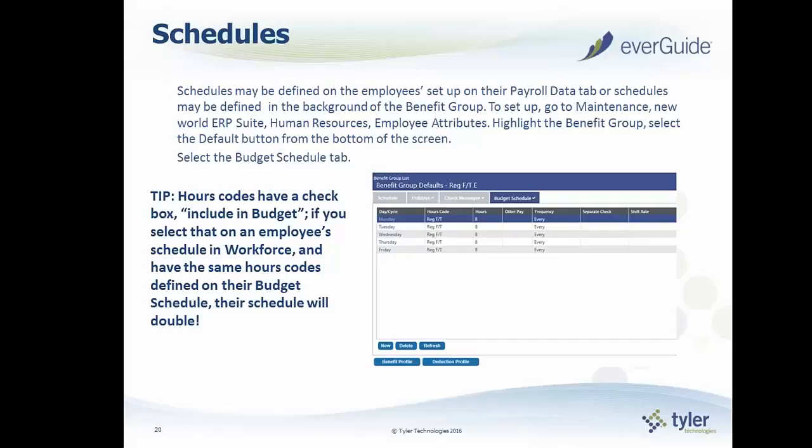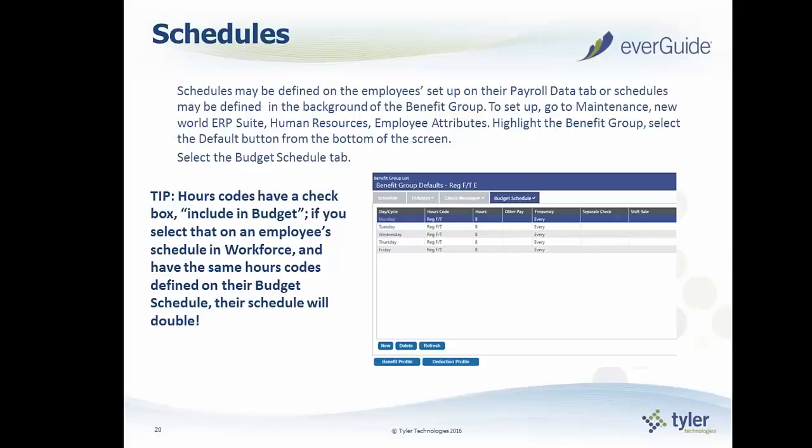The benefit groups actually have an area where you can set up a budget schedule. So in maintenance, human resources, employee attributes, you highlight the benefit group. So you get to the benefit group list, you highlight the benefit group, and there's a default button at the bottom.